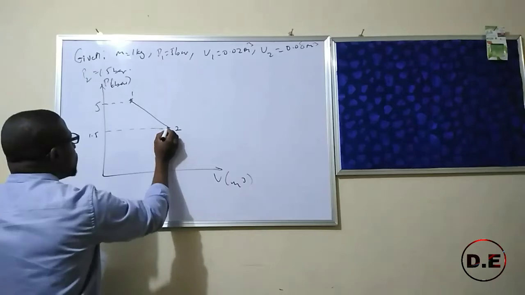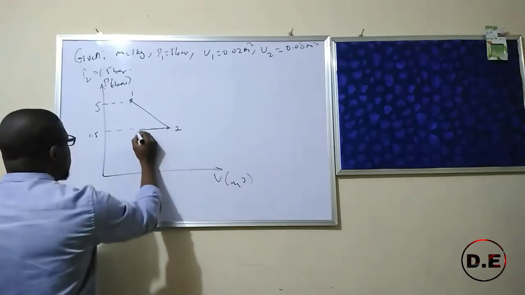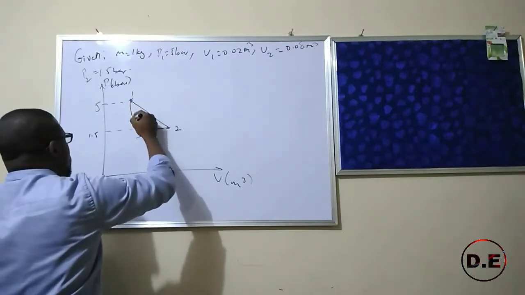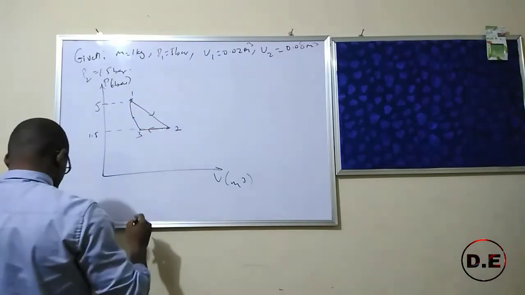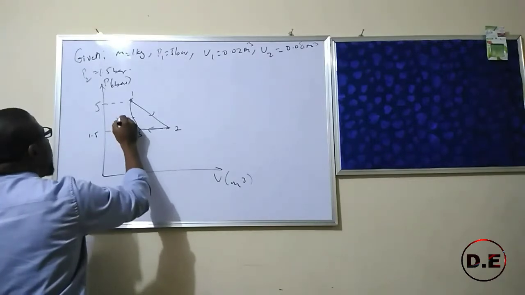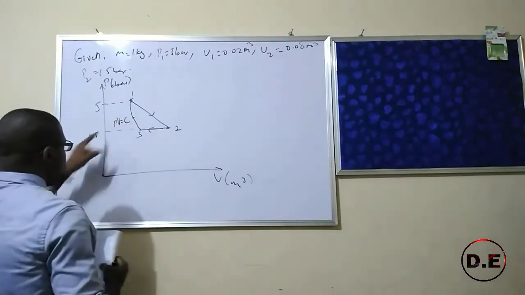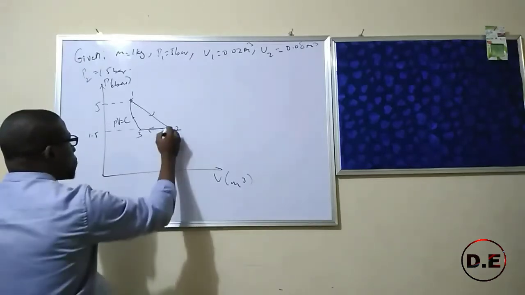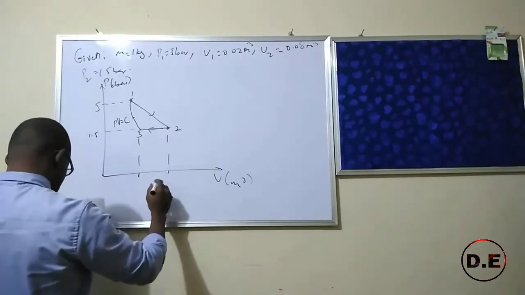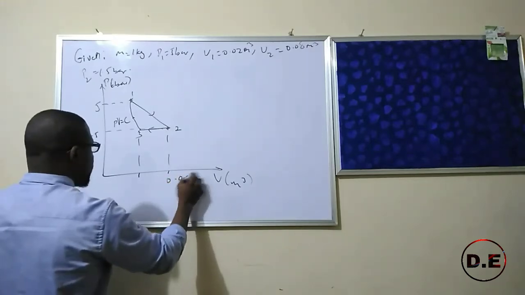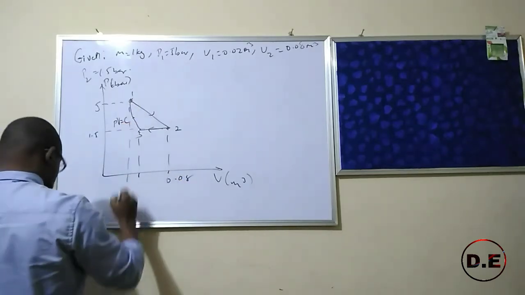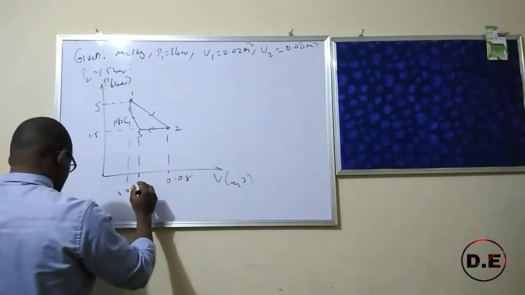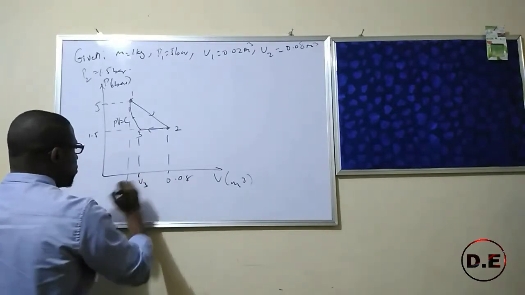And then it follows a constant pressure process to state 3, and then follows a hyperbolic process by PV equal to a constant back to its initial state. So now we have V1 equal to 0.02, V2 equal to 0.08, and V3 we would find.